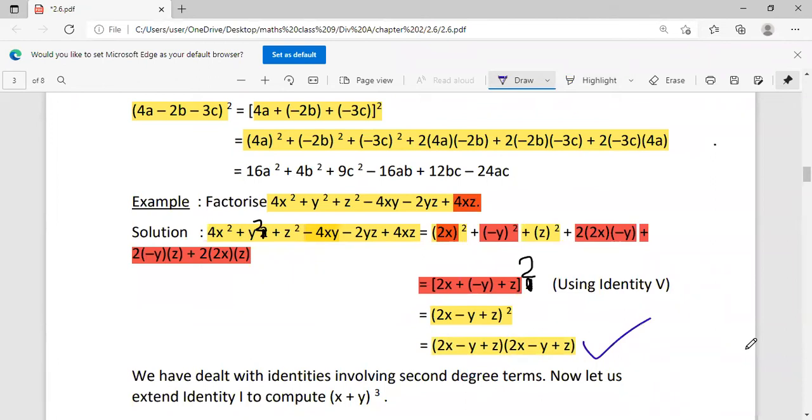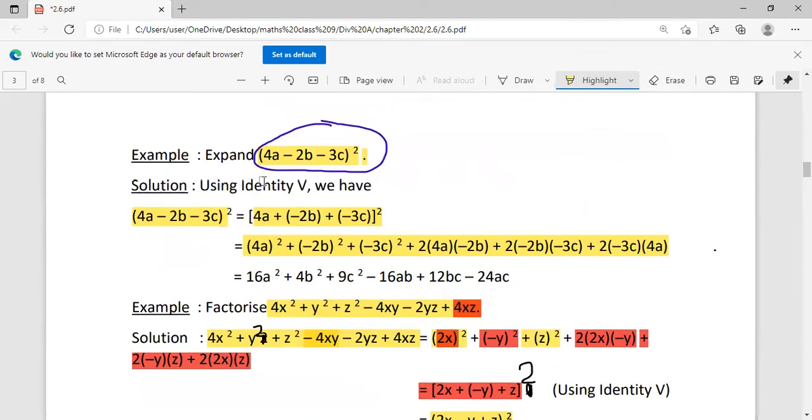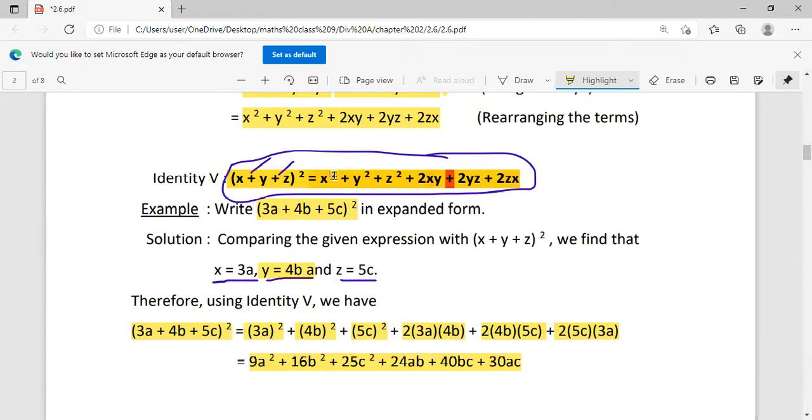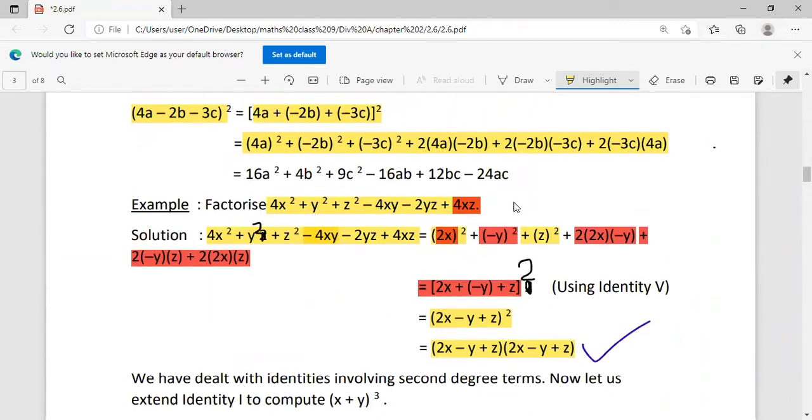Now, till now, we have dealt with identities involving second degree terms, which means the highest degree was 2 only. There was no identity having a third degree polynomial.